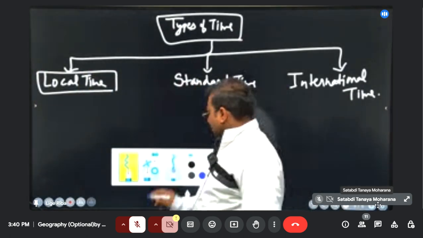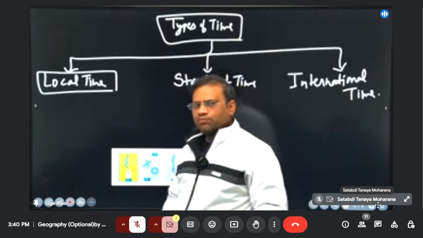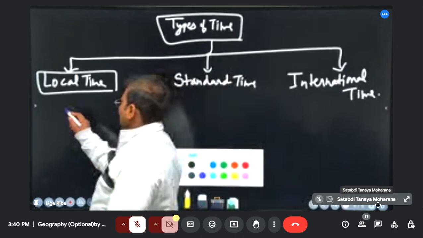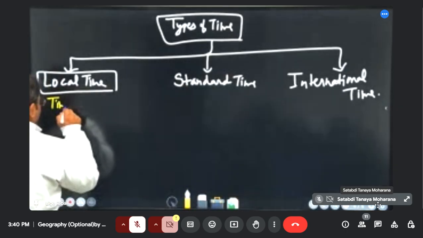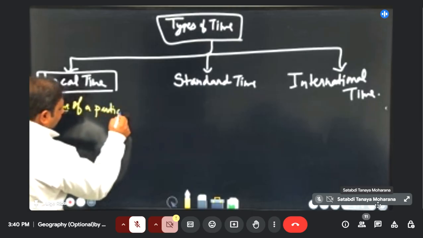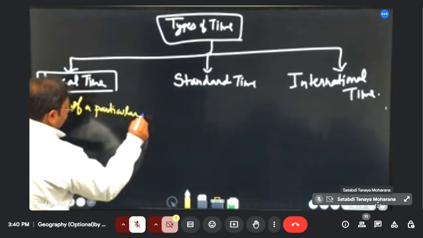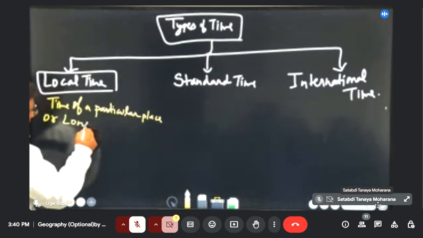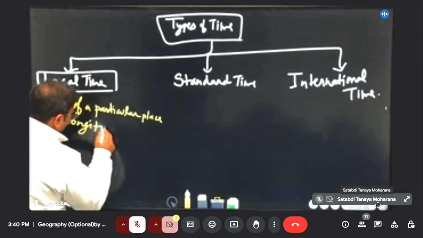It is the time of a particular longitude or place with respect to the position of the sun. Time of a particular place. Place means, or you can say longitude, because every place is on a certain longitude.